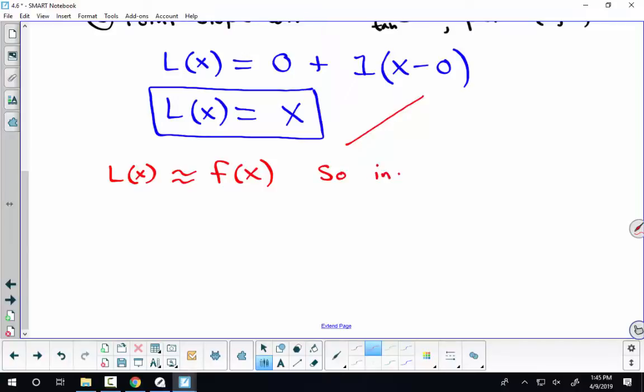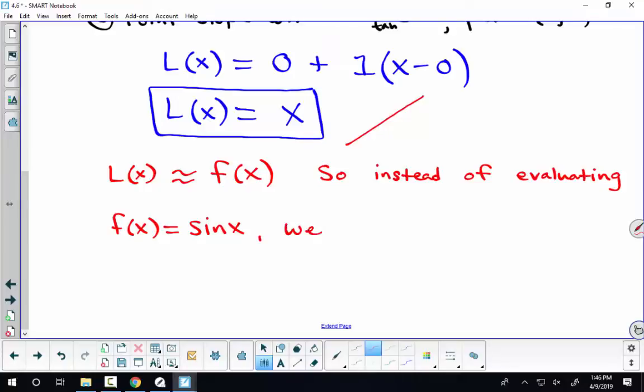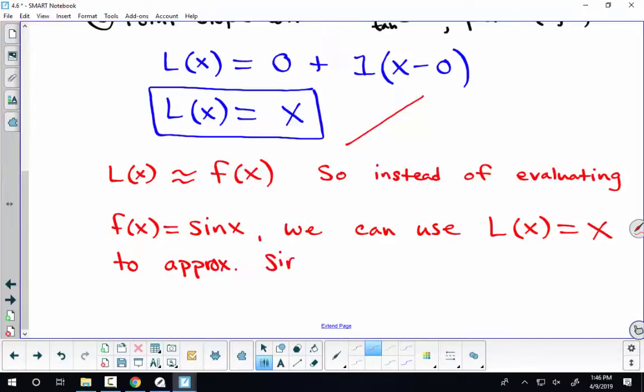So instead of evaluating sine of x, we can use our linear approximation, which was just x, to approximate sine x, as long as we are near the origin.